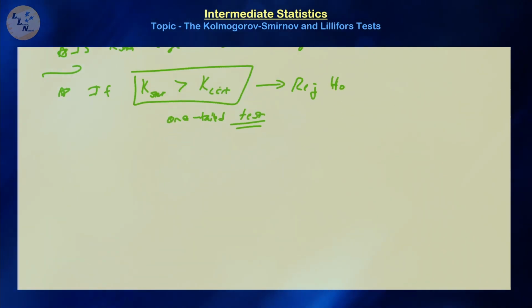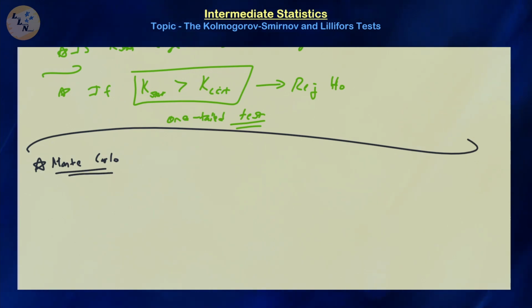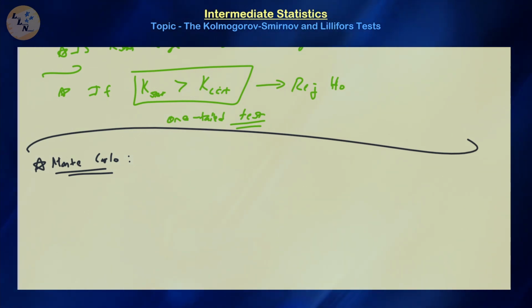Okay, so how are we going to generate our critical values for the Kolmogorov-Smirnov test? This is where, for example, Monte Carlo simulations have their highlight, because generally speaking, for complex distributions, you might not have tables, or you might not know the true distribution that this test statistic actually follows. So how would you set up a Monte Carlo simulation to generate, for example, an empirical critical value or an empirical p-value associated to this test?